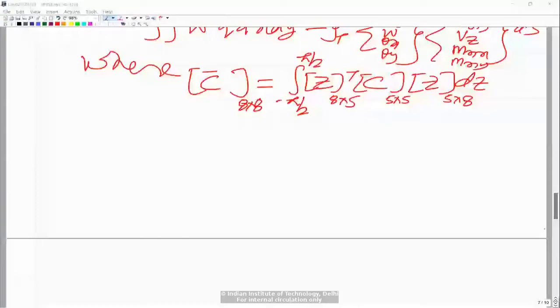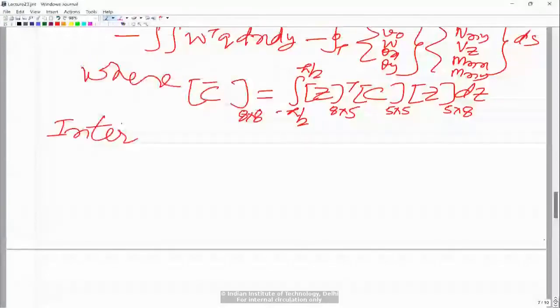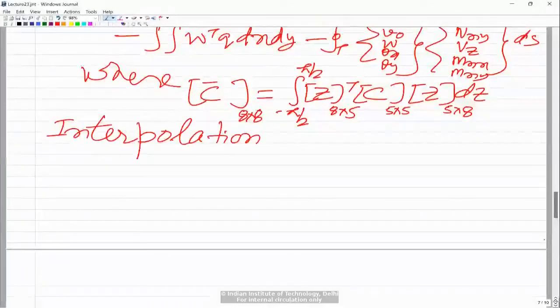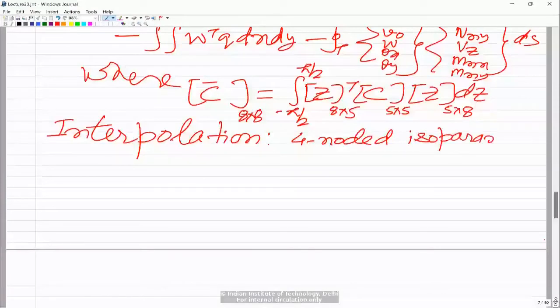So now let us talk of interpolation. As I said, I am going to use the 4 noded isoparametric element. Many concepts which we have discussed for the isoparametric element apply. You could have a 4 noded isoparametric element, an 8 noded one, or a 9 noded one, and it is even possible to formulate a triangular element.